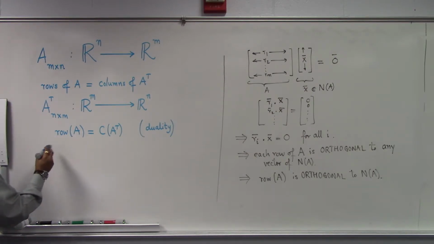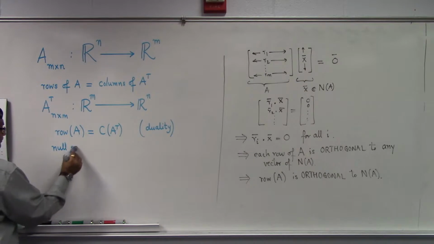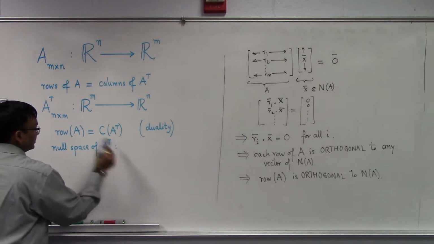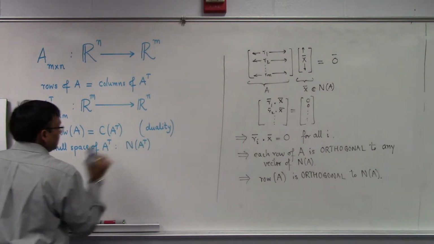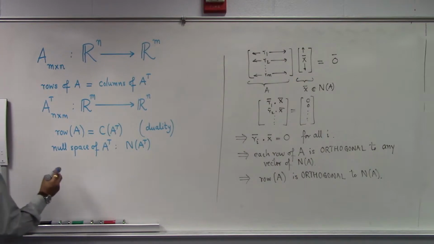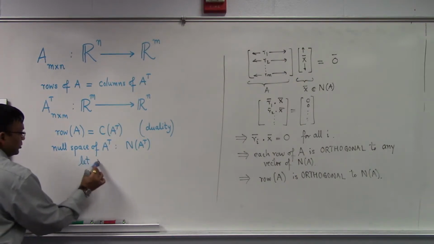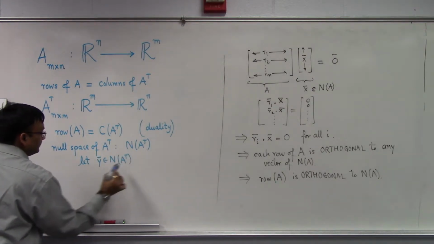Based on this, one thing one can obviously ask is, what about the null space of A transpose? Since A transpose is a linear transformation, what would exactly be the null space of A transpose? Suppose I tell you that the vector y belongs to the null space of A transpose.